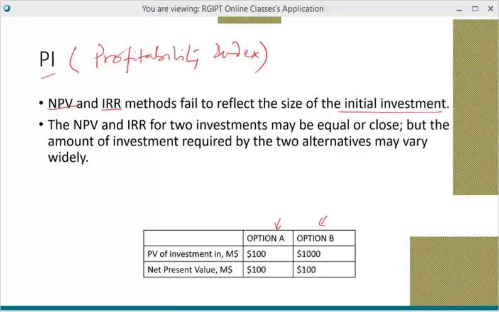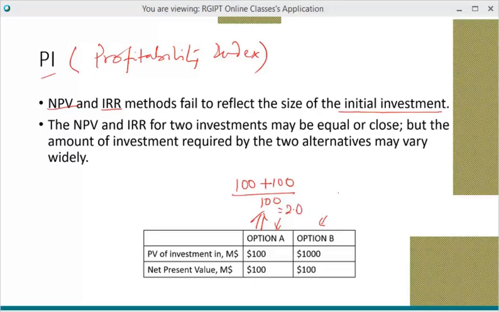And so if you go back to this slide, what you can calculate is the profitability index of option A: 100 plus 100, that is these two, divided by your investment, which is 100. So that becomes 2.